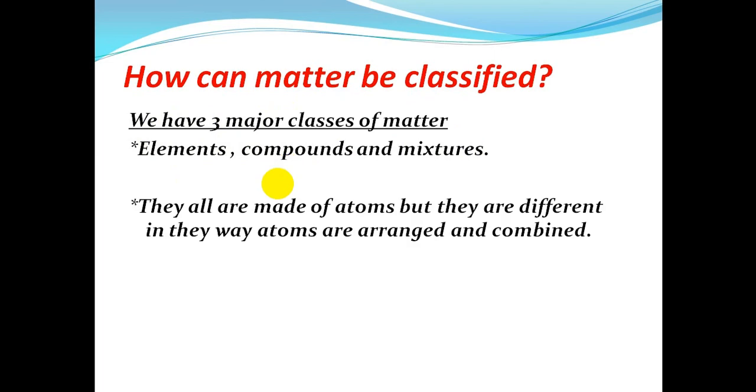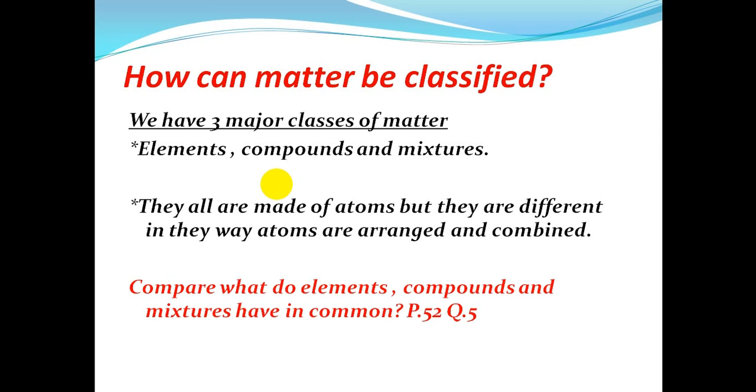They are all made of atoms, but they are different in the way atoms are arranged and combined. So elements, compounds, and mixtures are all made of atoms, but the difference between them is that in each kind of matter, the atoms are arranged in different ways, and this is what we will see.